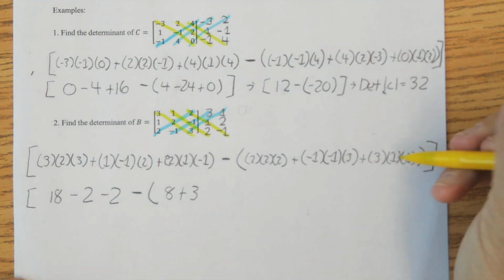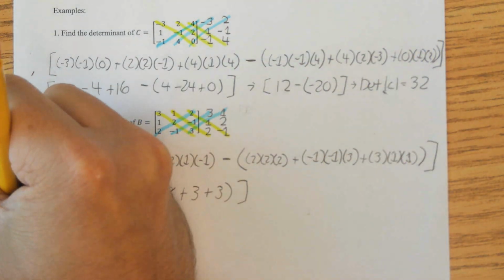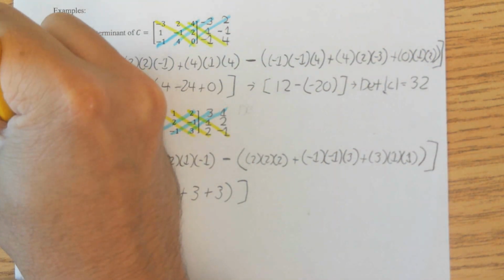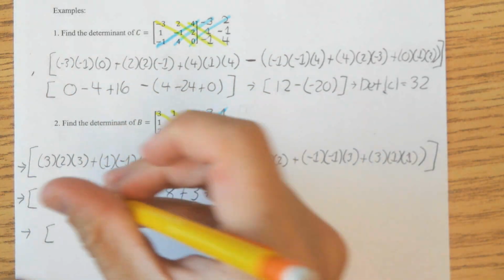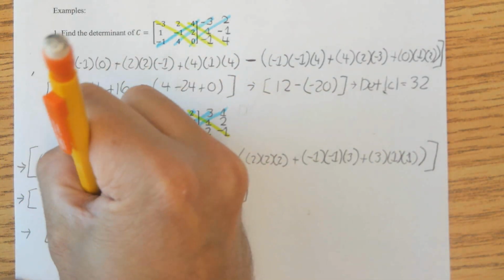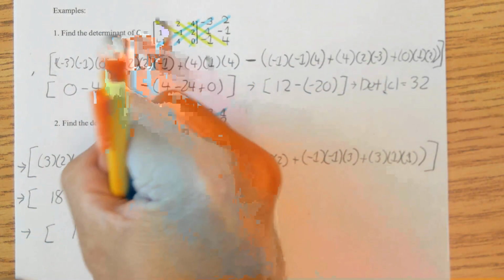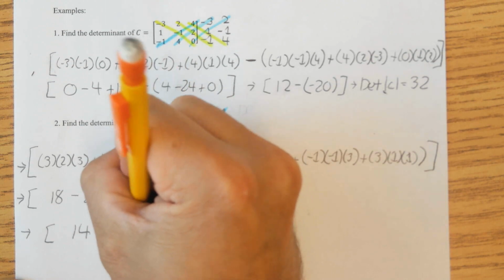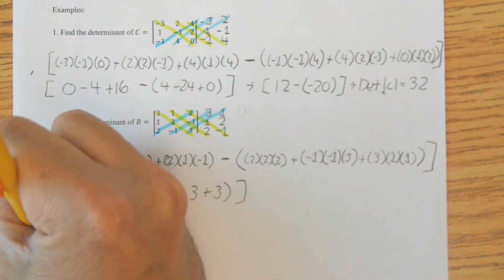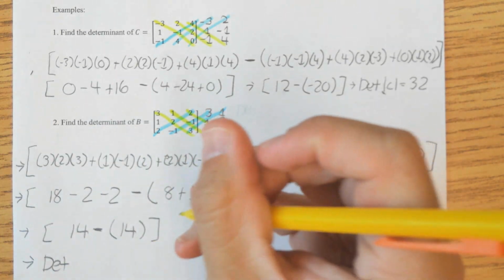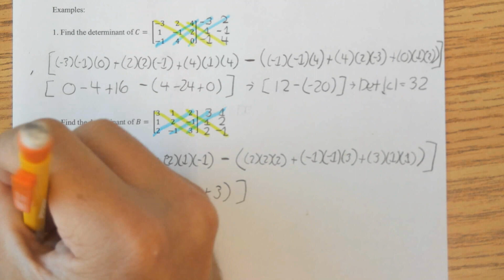And then 3 times 1 is also 3. All right, so now that's going to give us this in brackets here. What's 18 minus 4? That's going to be 14 minus, in parentheses there, 6 plus 8, 14. And so 14 minus 14, so then the determinant of B is just equal to 0.